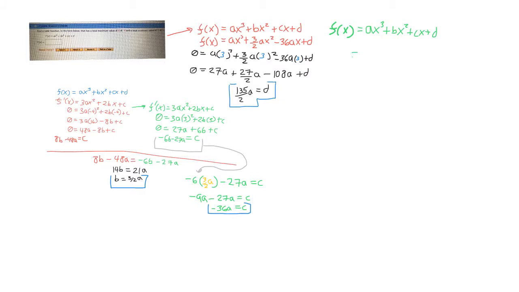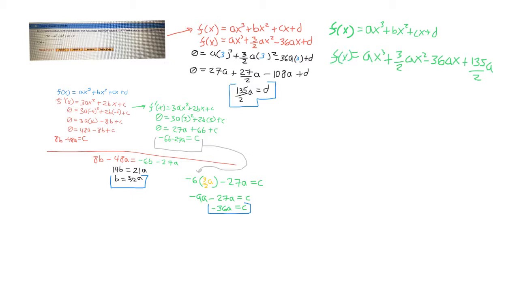We know for sure that a is just a. We have our 3/2 a right here. We know that c is equal to negative 36a, so we're going to rewrite that. But now we have d, don't we? We have d plus 135 over 2a. And that's what f of x equals.